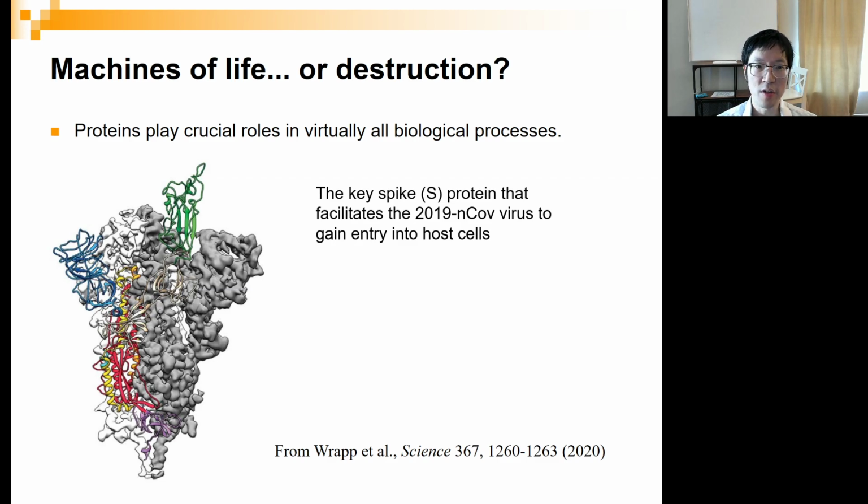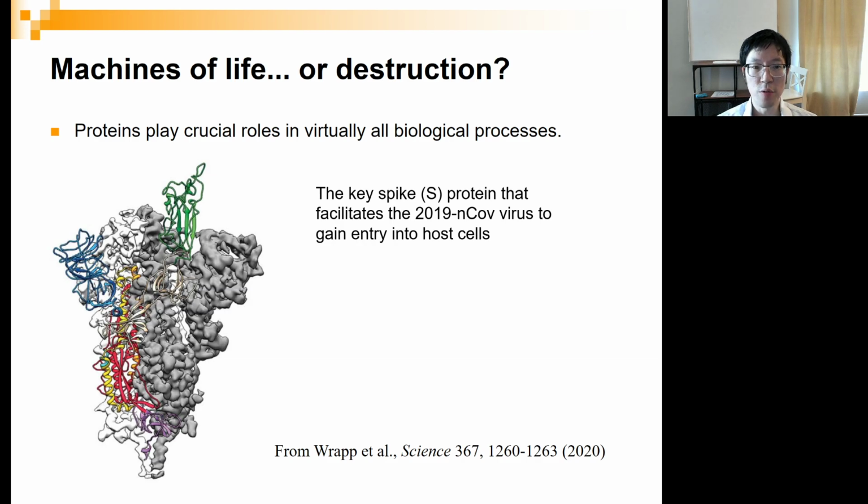This is a structure that has just been determined about a month ago, as scientists started working around the clock to gain as much information about this novel 2019 coronavirus as quickly as possible.